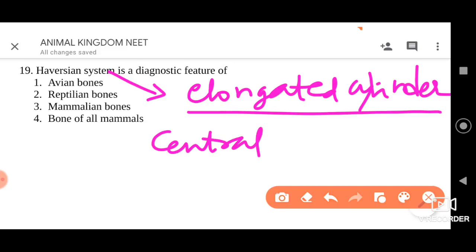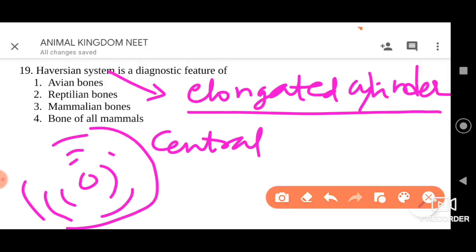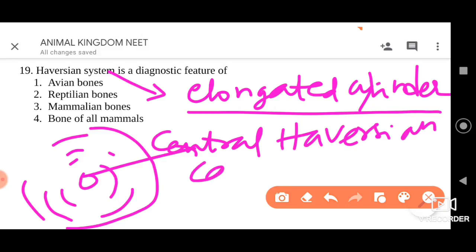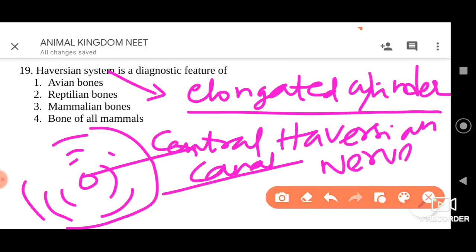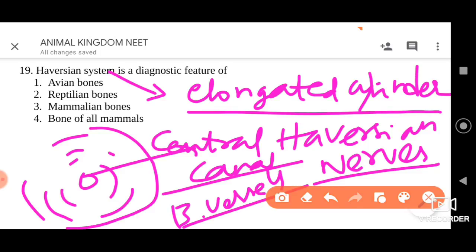See, we have a central Haversian canal like this. In this central Haversian canal, definitely many nerves and blood vessels are present. We can find many nerves as well as many blood vessels in the Haversian canal, which is a part of the Haversian system.